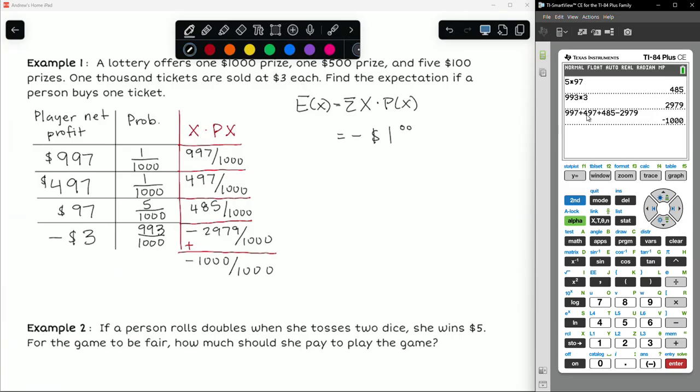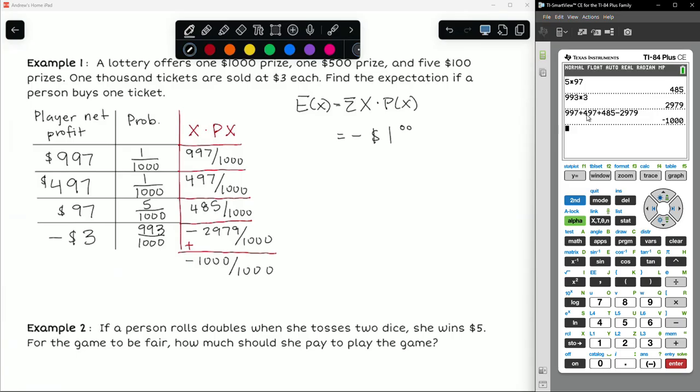So what that means is that if I were to buy lottery ticket after lottery ticket repeatedly, on average, I would expect that my net winning is a loss of $1. Meaning that this game favors the game runner, does not favor the player. In the long run, I'm going to lose money playing this lottery.